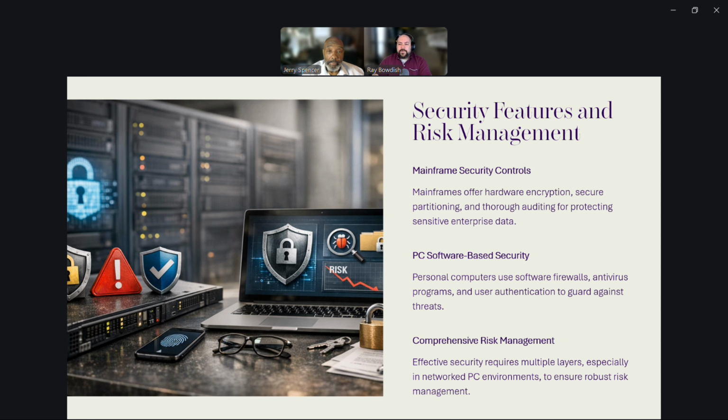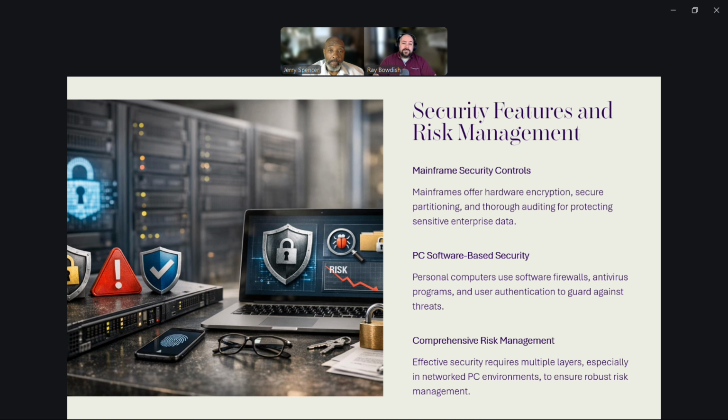That would be terrible to experience, but that's maybe a couple thousand, a couple hundred thousand dollars. Whereas if a company has their mainframe compromised, you're talking millions of dollars in damage.